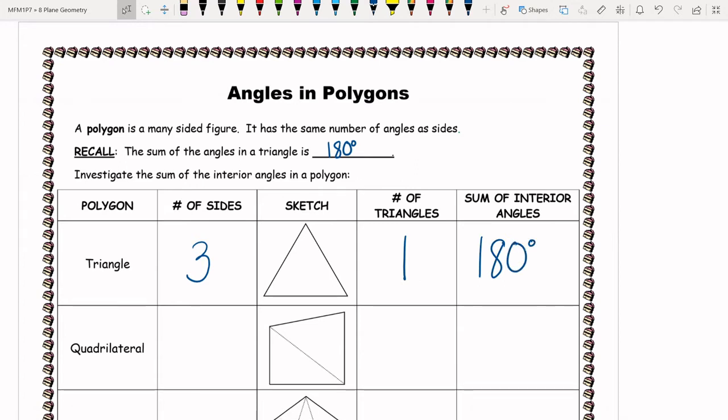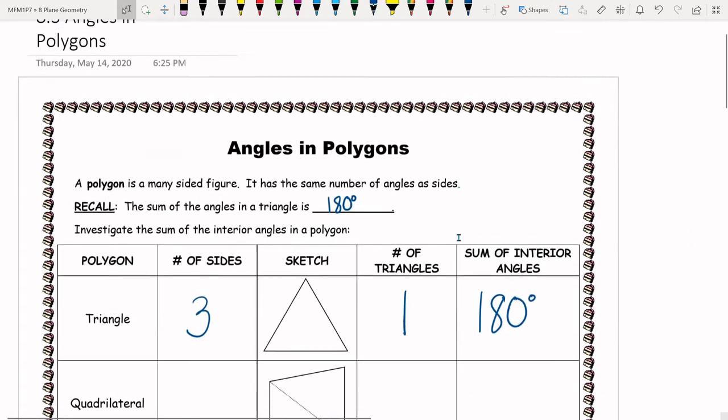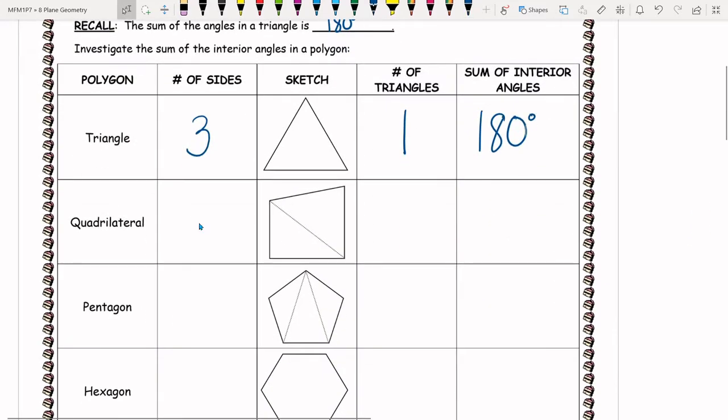What about the quadrilateral? How many sides do I have for a quadrilateral? I have 4 sides. How many triangles do I have within the quadrilateral? You should see that I have 2. And what is the sum of the interior angles of a quadrilateral? We learned in section 8.2 that the sum of the interior angles is 360.